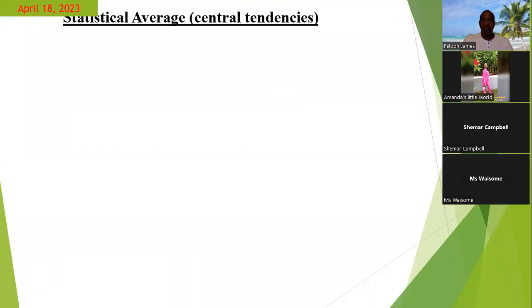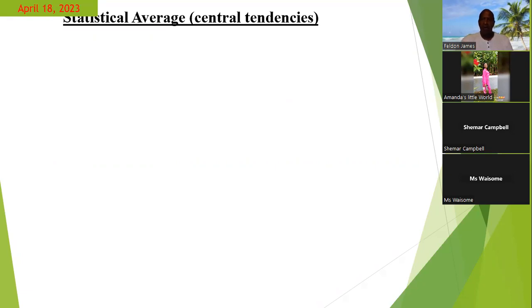All right, guys. So we are continuing from where we left off from the last class in stats, and we have looked at the histogram in the last class, and now we're going to be looking at the statistical averages.